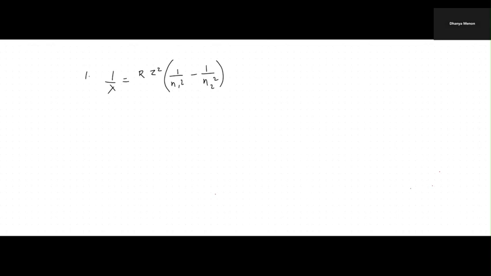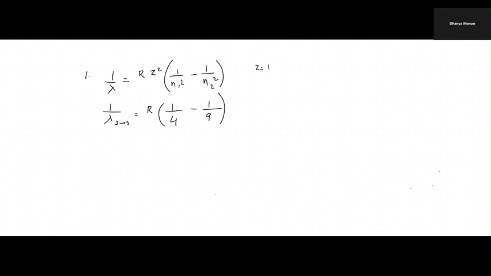So first one is the transition from n is equal to 2 to n is equal to 3. It is for hydrogen, so Z is equal to 1. So 1 by 2 square is 4 minus 1 by 3 square is 9.